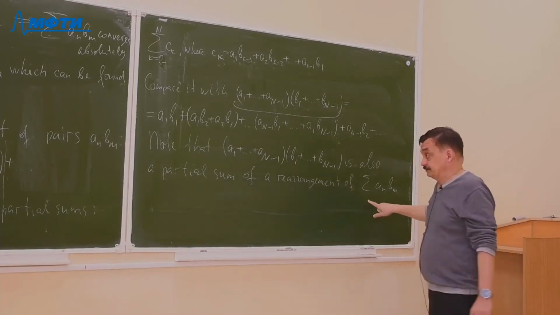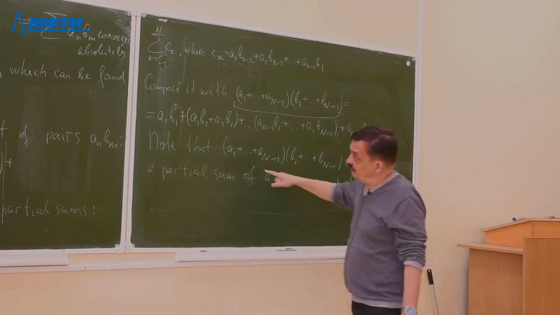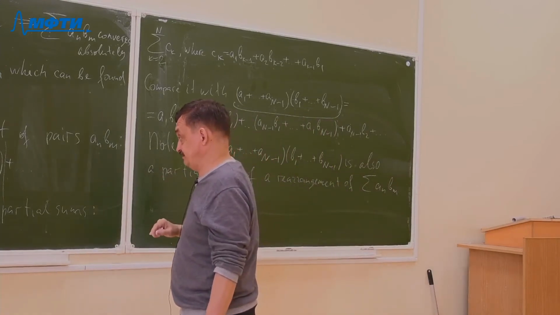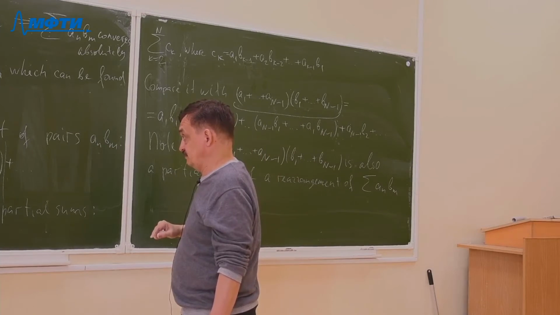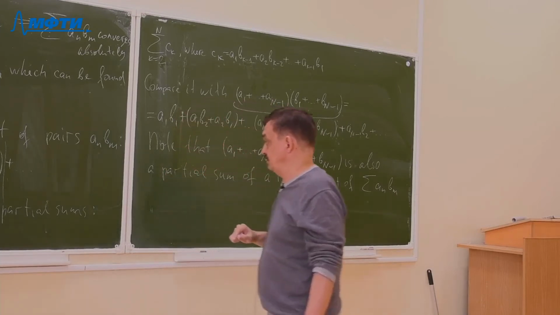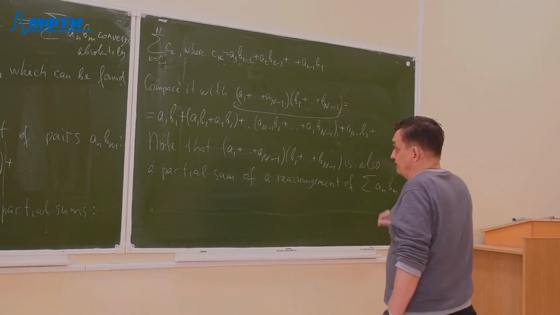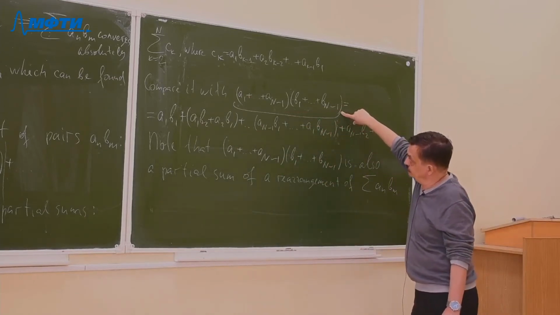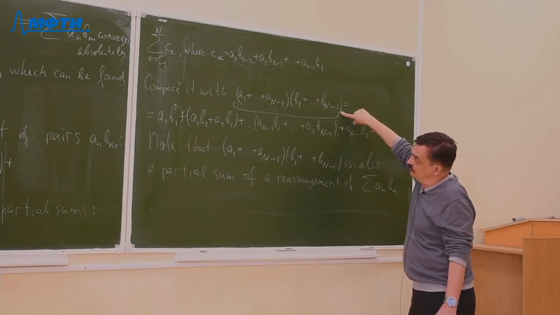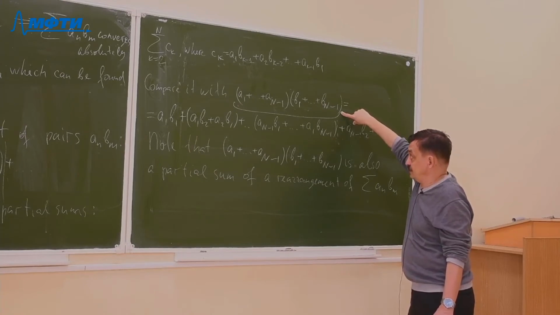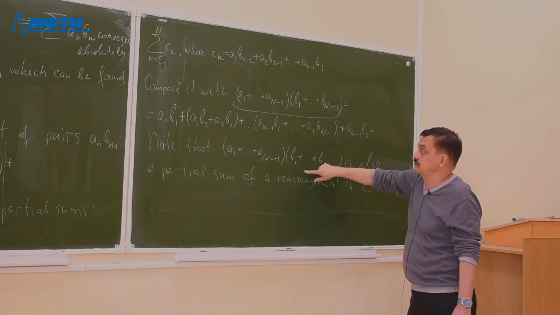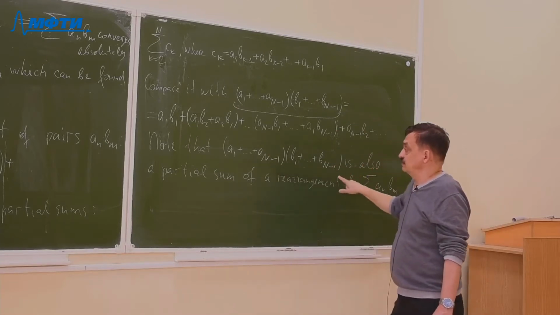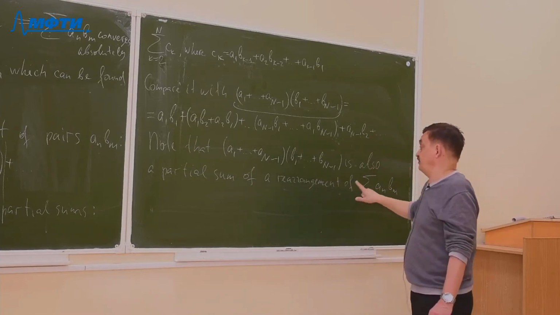So, look, this special rearrangement I'll use in fact later. It was very early at that moment. What is essentially better is to consider that one. So, we consider that sum, right, this product, and that is a partial sum of a rearrangement.